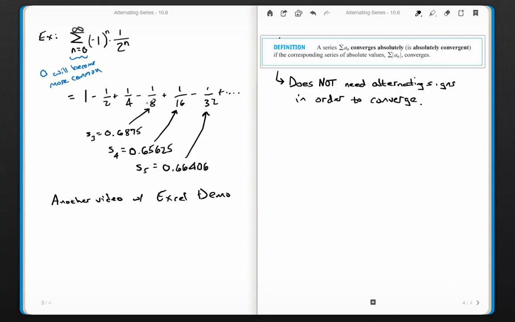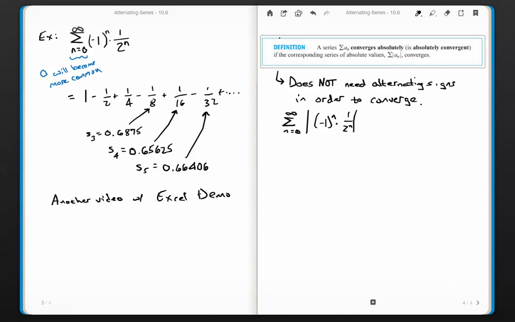In fact, this one converges on 1 over, well, let me just write this down. The sum from n equals 0 to infinity of the absolute value of this thing, (-1) to the n times 1 over 2 to the n.